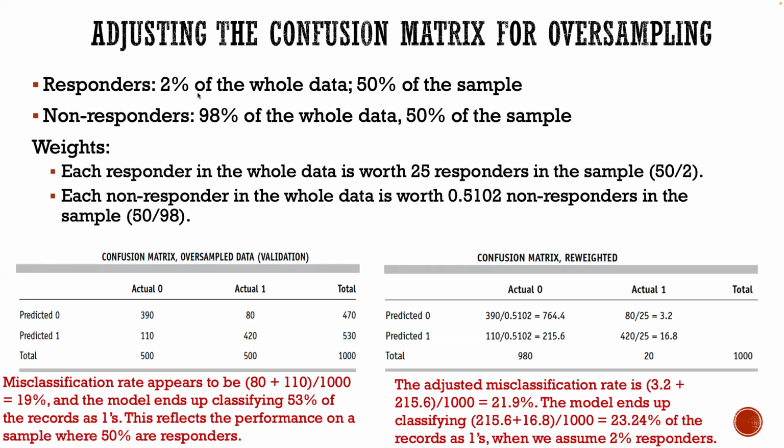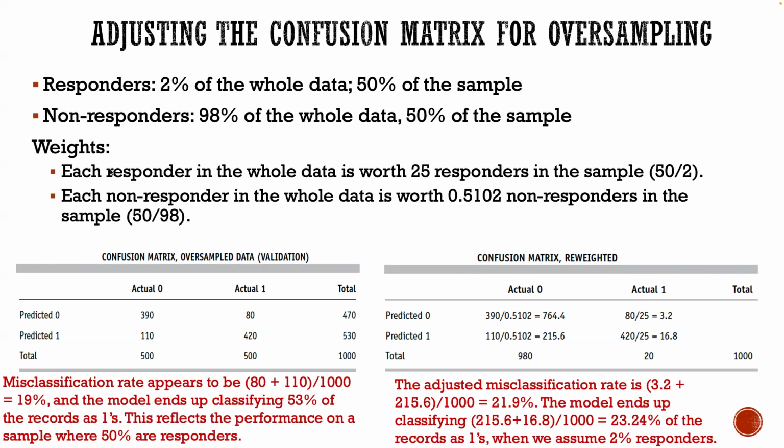Suppose responders are 2% of the whole data, but in the sample we are using 50% of them. When we create the training set, we take this rare class and make it 50% of the training set. Non-responders are 98% of the whole data, but 50% of the sample. So this is what our training set will be.